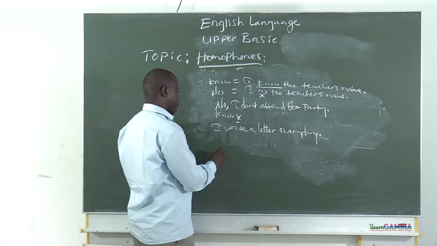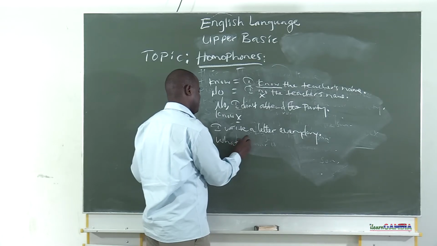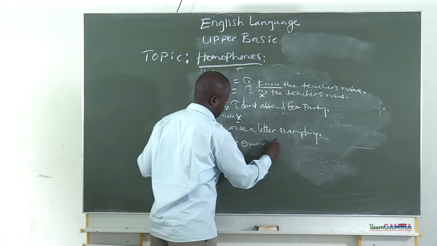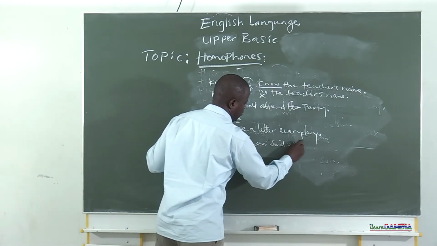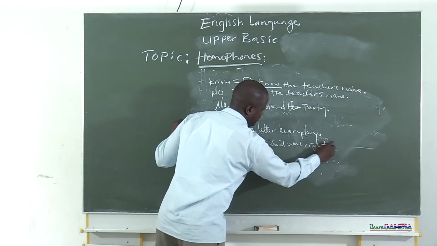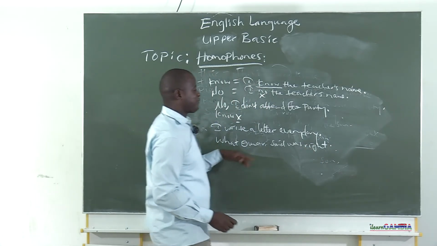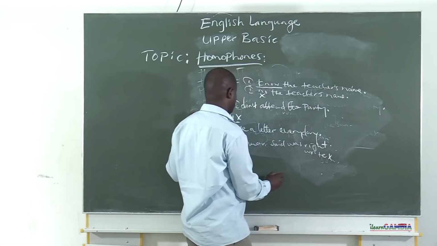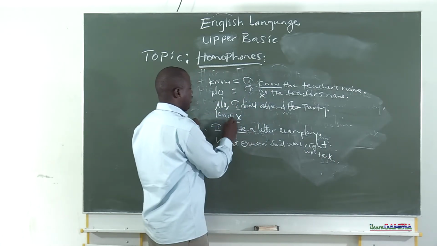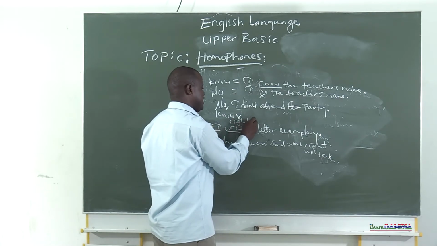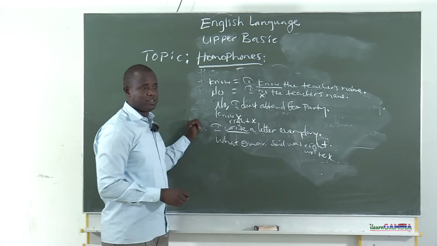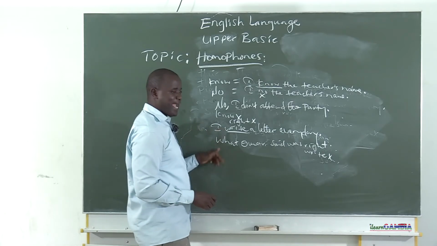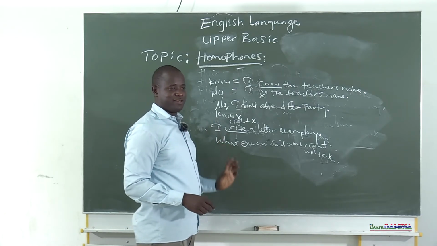Okay, the other one, what Omar said was right. So you can see, you cannot use W-R-I-T-E here, it will be wrong. And the same thing here, you cannot also use R-I-G-H-T, it will also be wrong. So we expect you to use the right word in their right places.